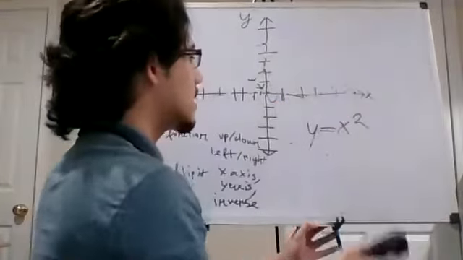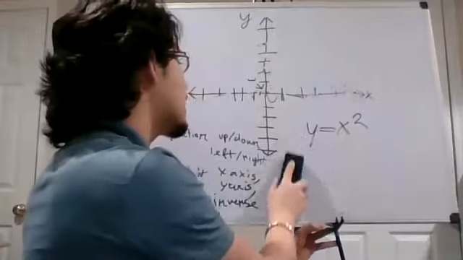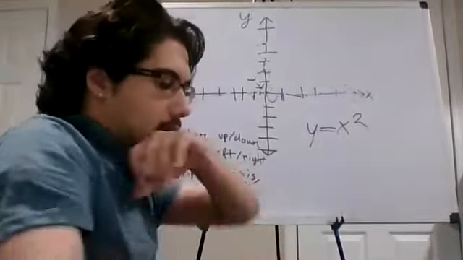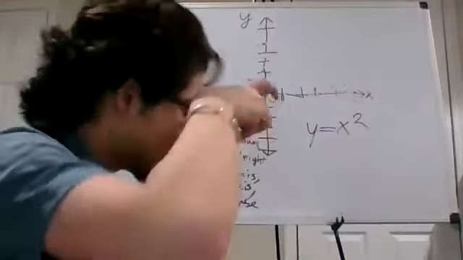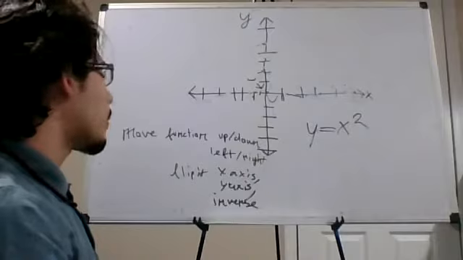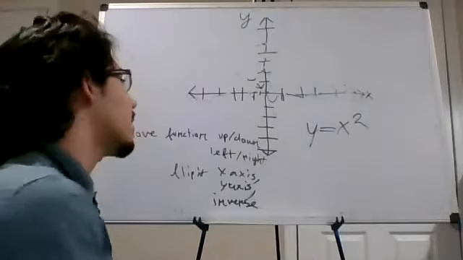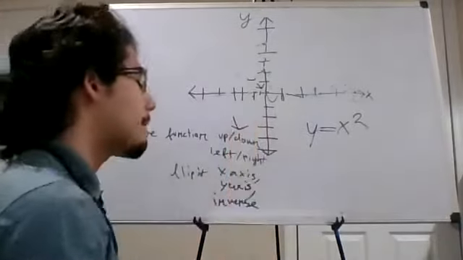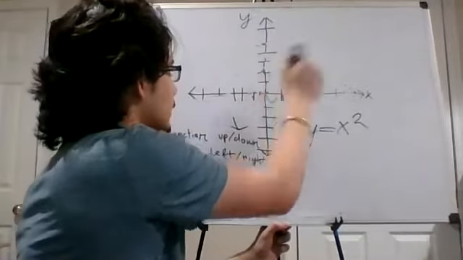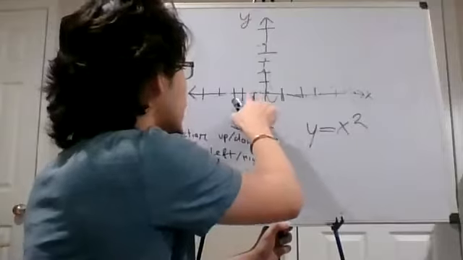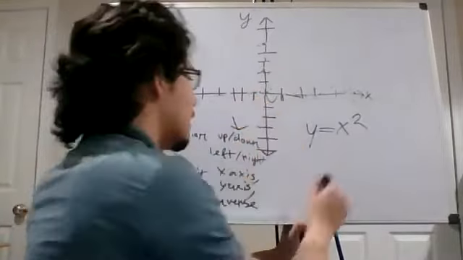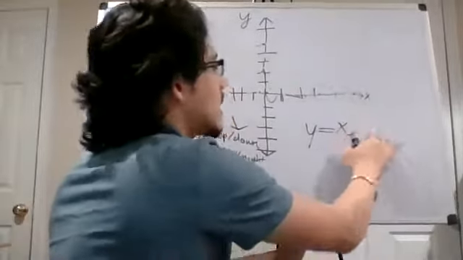So before we go into this, we need to know what happens when we change a function. So we're still using lines. The easiest one to deal with is up and down. So when you change an equation up or down, let's use a very easy y equals x function.